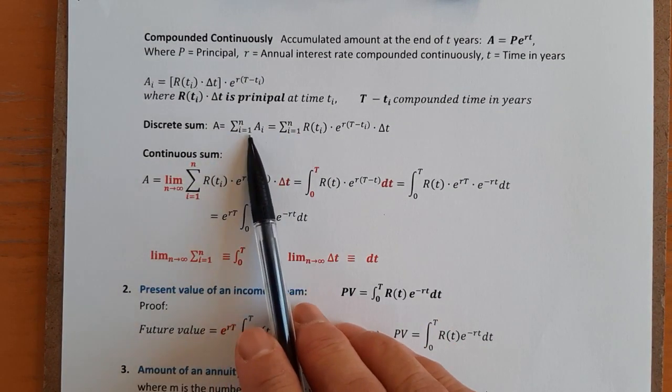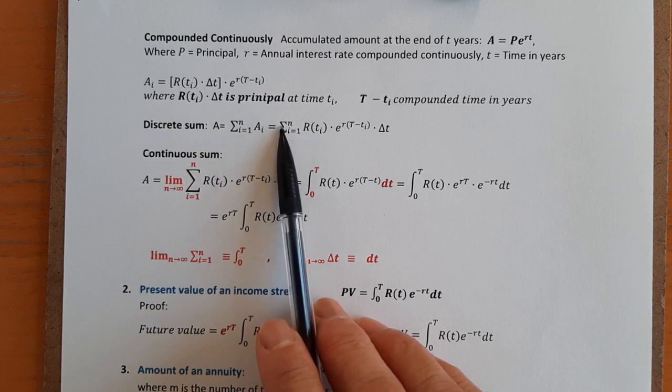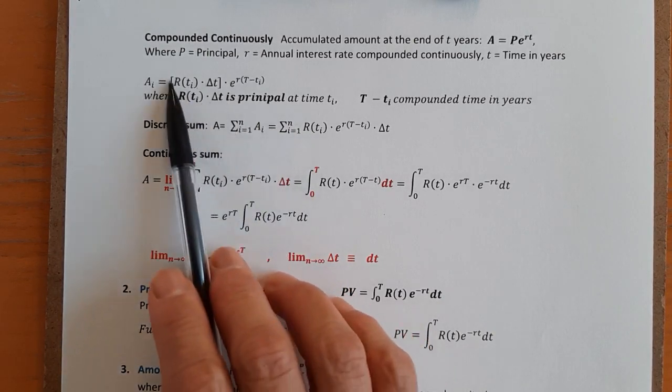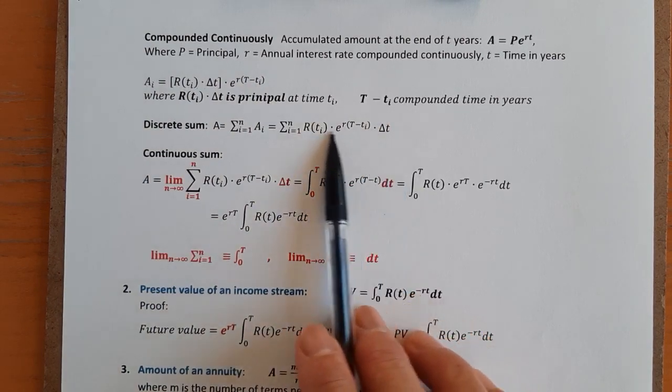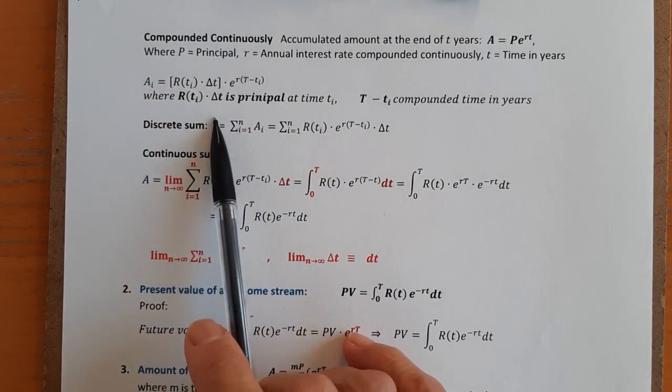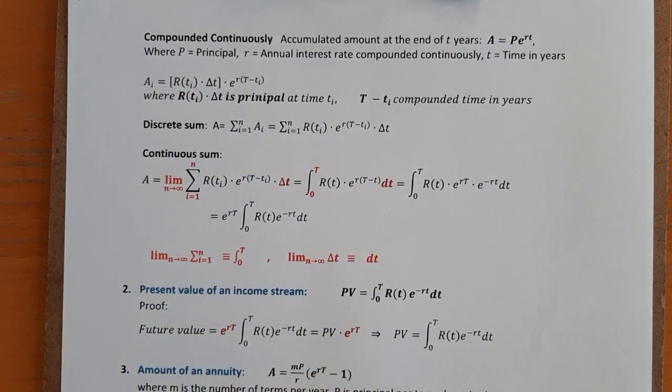So summation i from 1 to n of Ai, with Ai being this one, put it here, summation of this one. That's the discrete sum, the future value accumulated, compounded continuously.